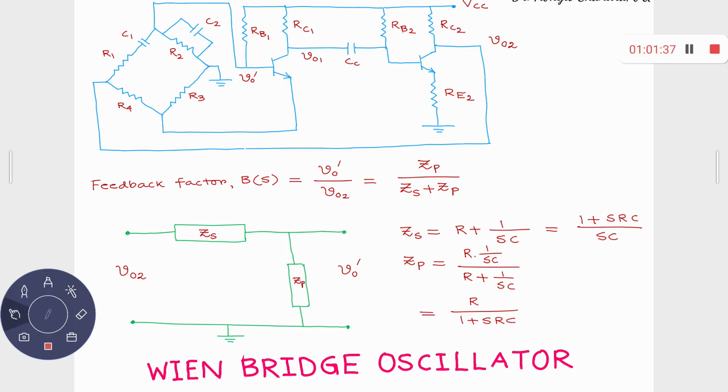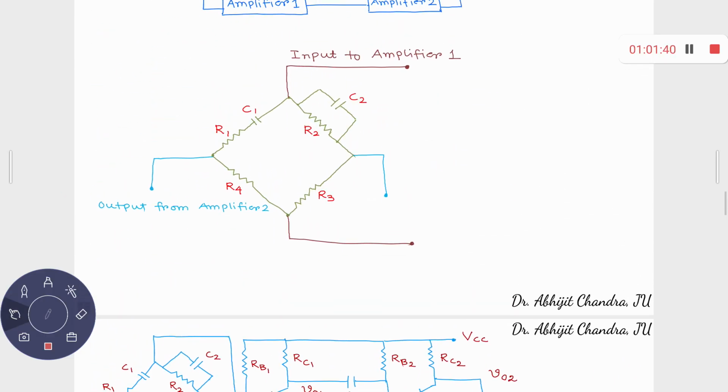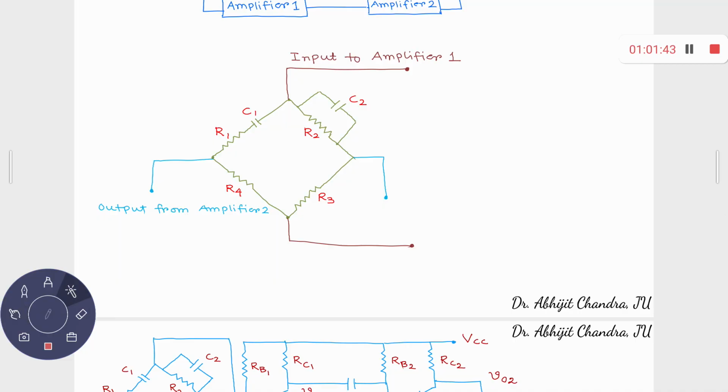Here what we have, this is the feedback network, right? The feedback network is receiving its input from the output of amplifier 2, and it is feeding its output to amplifier 1. This is the output of the feedback network, which is given to the input of amplifier 1. And from these two terminals, it is receiving the output from amplifier 2 as its input.